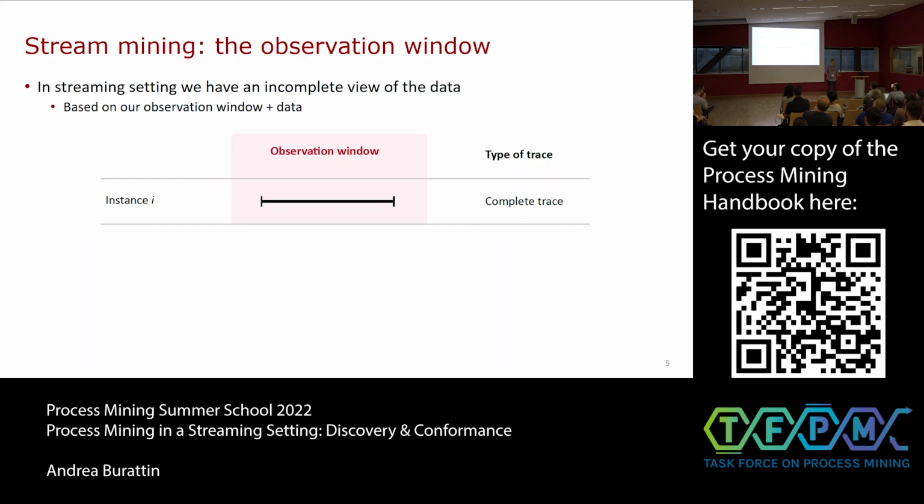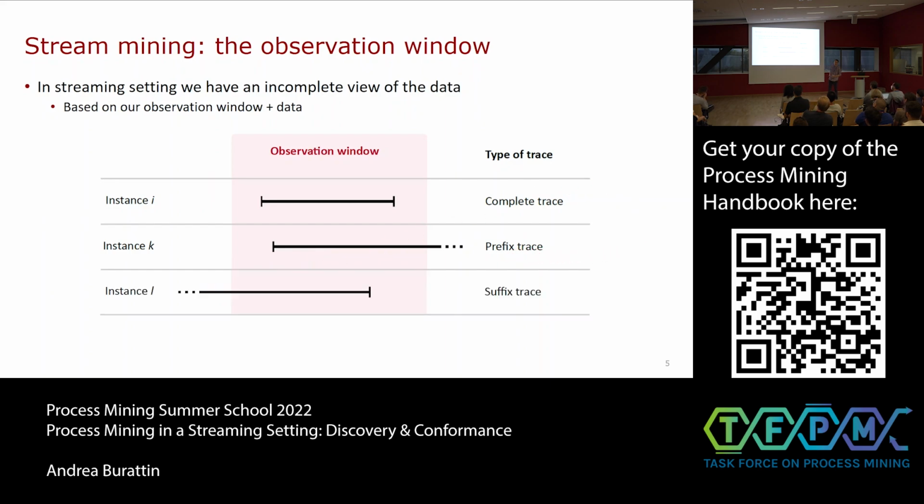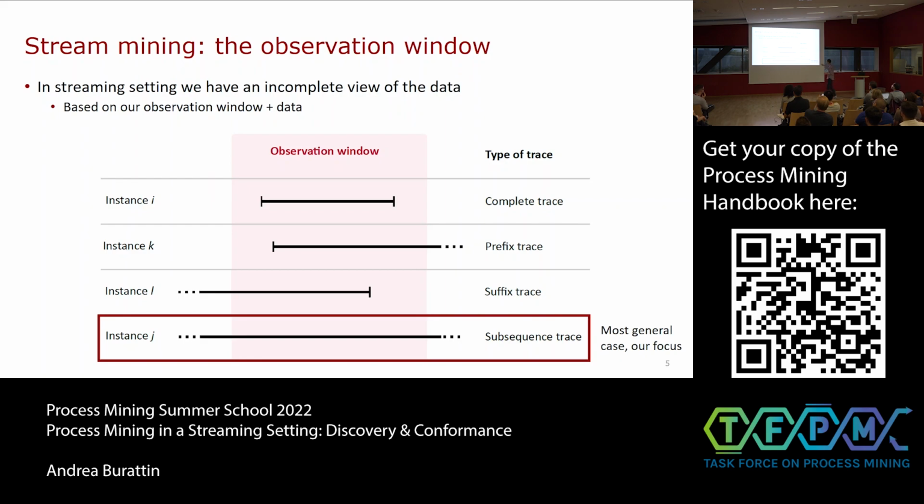But that's of course a very lucky setting, because it could easily happen that we see just the beginning of our trace, but not the end. Or we can have the dual situation where we see the completion but not the beginning. And of course we have the very unlucky setting where we just see a subsequence of our execution. And this is actually the most general case, which is the main focus of streaming process mining.